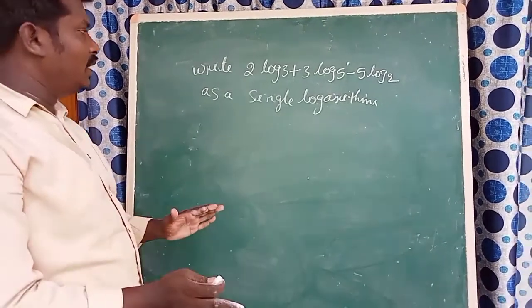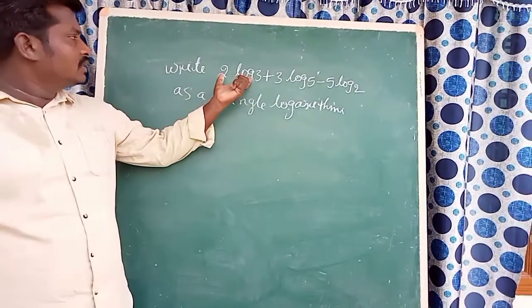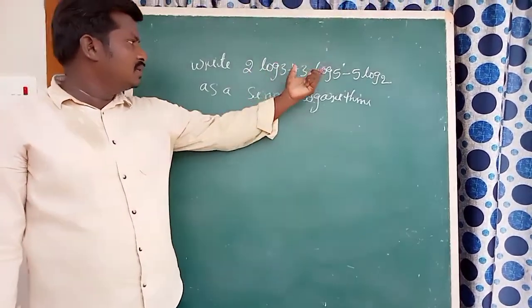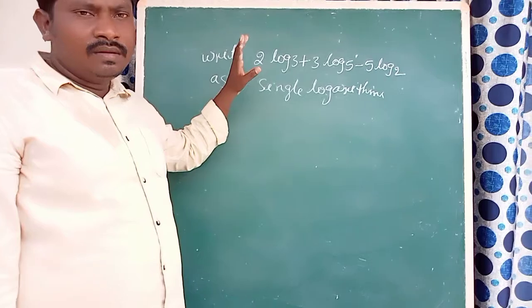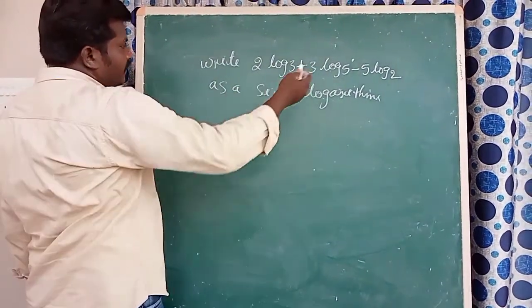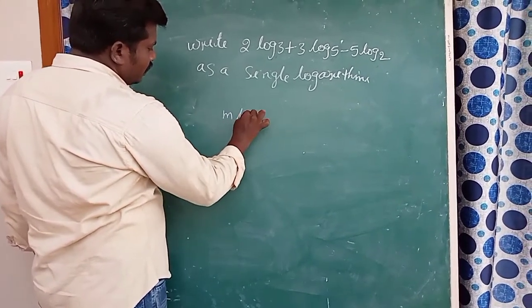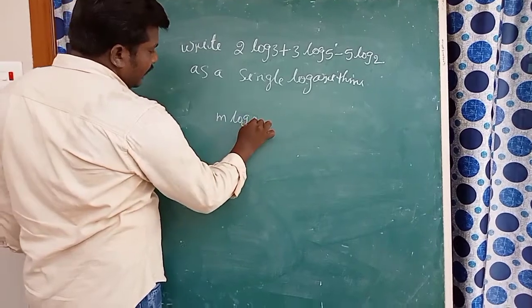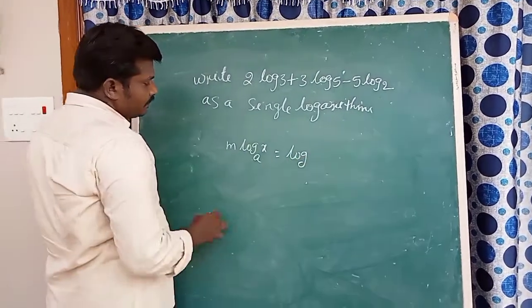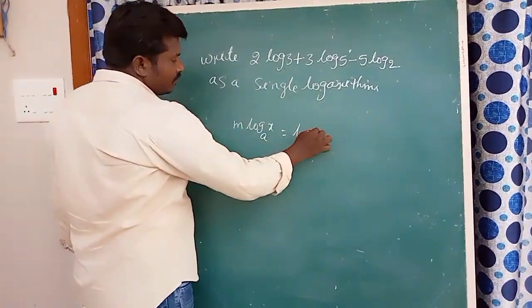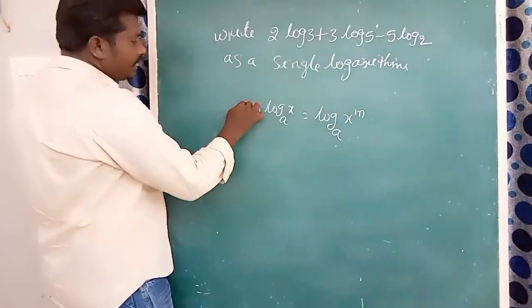You can apply the formula in the reverse order for this. Actually, in this problem, we have 3 parts: first one, second and third. Every part has a logarithm. So first of all, apply this formula: m log x base a is simply written as log x power m base a.